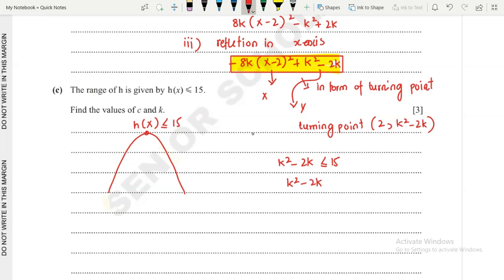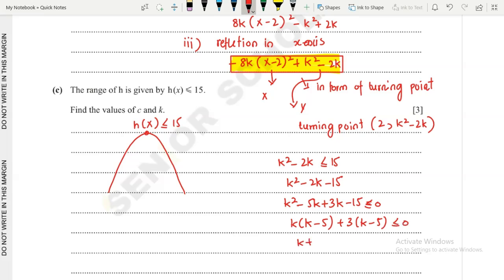k square minus 2k minus 15, you can say find the factors, so it becomes k square minus 5k plus 3k minus 15 is less than equal to 0, and this becomes k into (k minus 5) plus 3 into (k minus 5) is less than equal to 0.